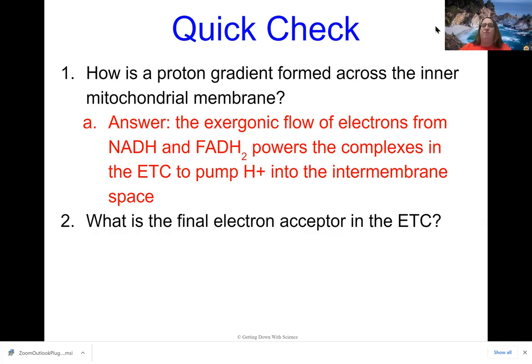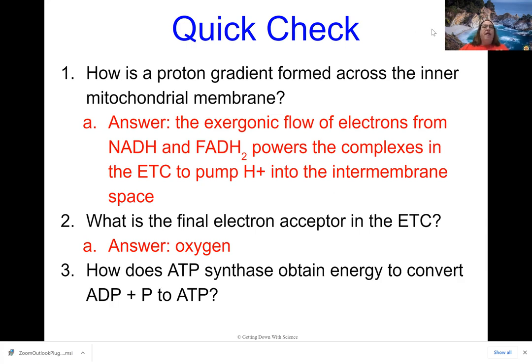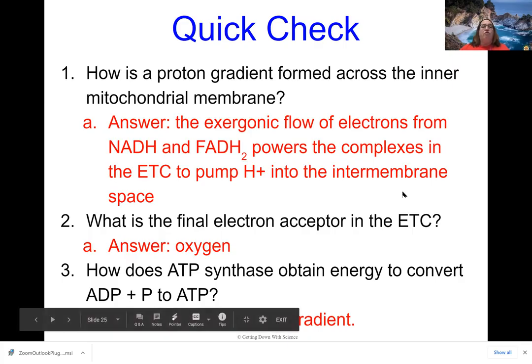This should be an easy one. Oxygen. That's the whole reason we were able to do this process, was because of oxygen. How does ATP synthase obtain energy to convert ADP plus P to ATP? And that's from that proton gradient. As it moves through the ATP synthase, it causes that little rotor to spin, which allows for the energy conversion.